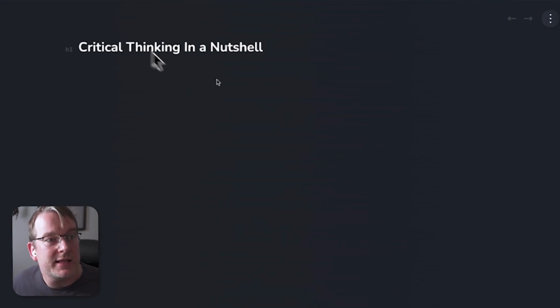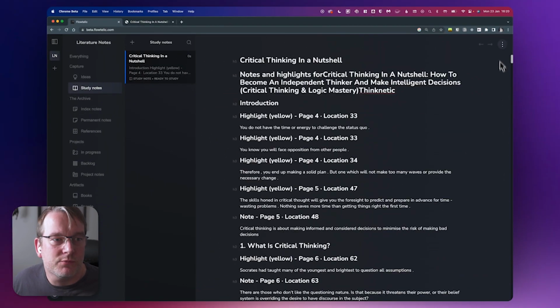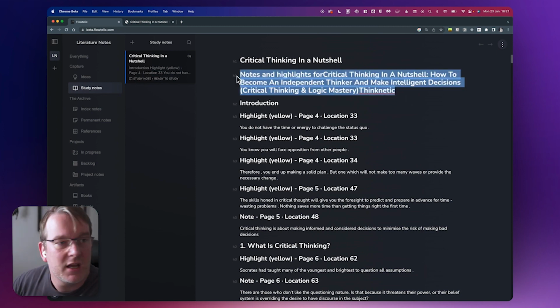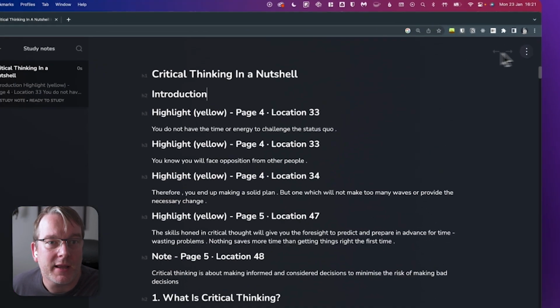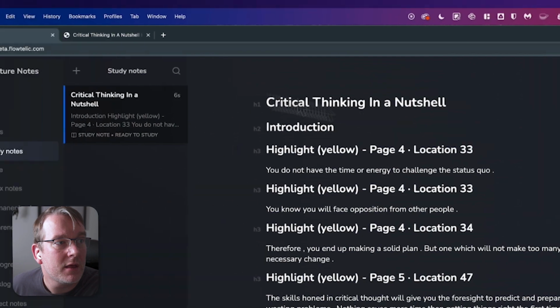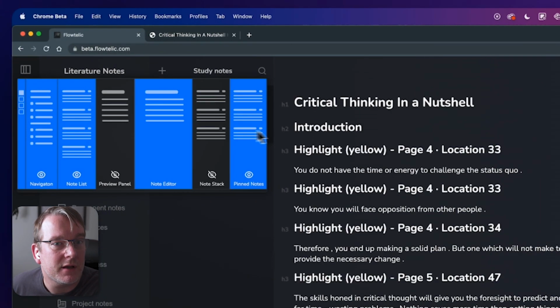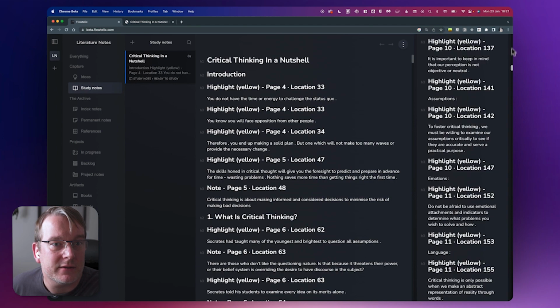And I'm just going to paste in all those highlights, and it will preserve some of the formatting. It's not brilliant, but it's workable for what we want to do. And now I can pin this note to the sidebar panel. So when I show my pinned notes, I now have that there, and double click just to expand it out.